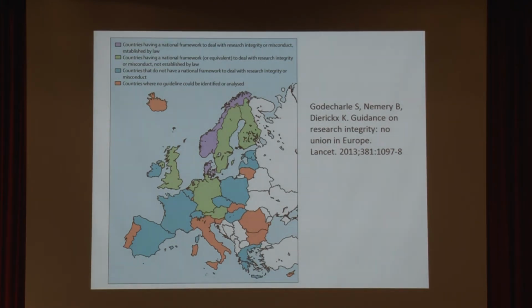Some other countries, in blue, have bodies for research integrity, but they are only advisory bodies. They cannot make legal decisions on somebody's cheating. And countries in orange here are countries where there is no information whether any such type of body exists.